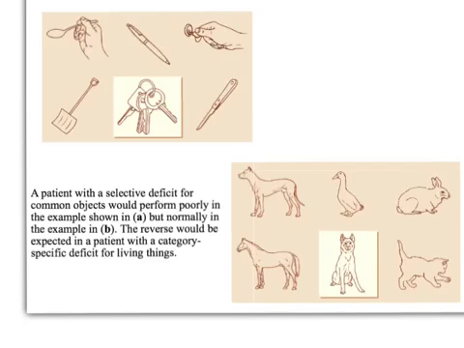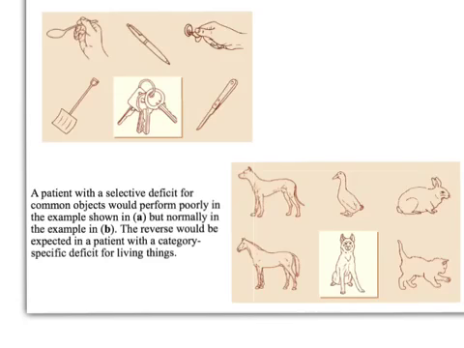A patient with selective deficit for common objects would perform poorly in A, but normally in B. The reverse would be expected in a patient with category-specific deficits for living things. So these are living things, and obviously the category-specific would be the canine category.